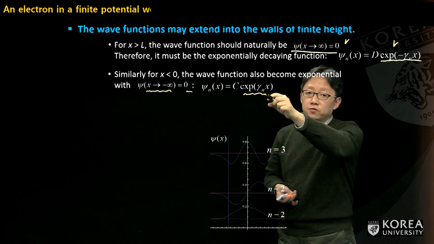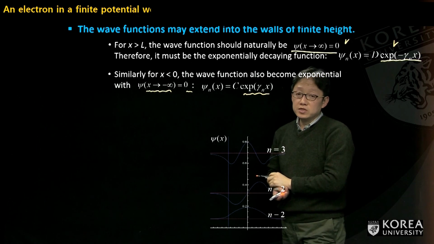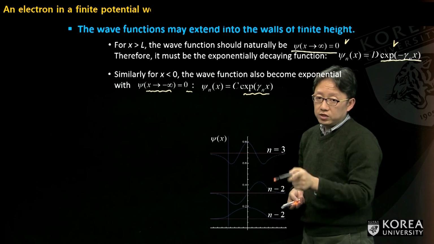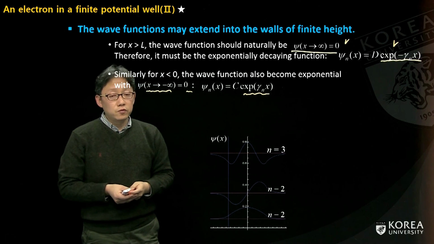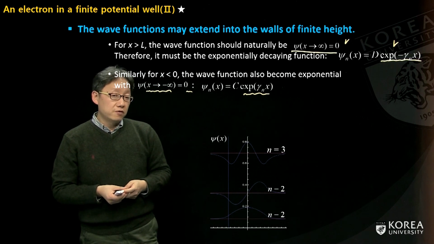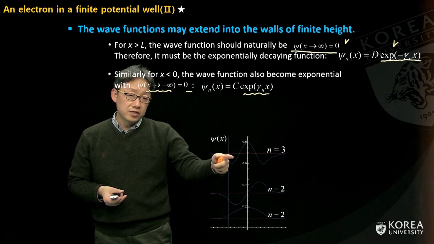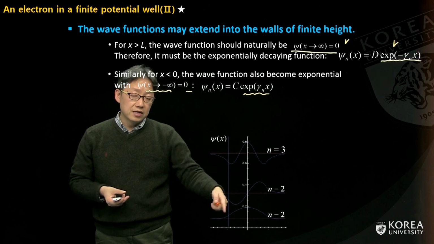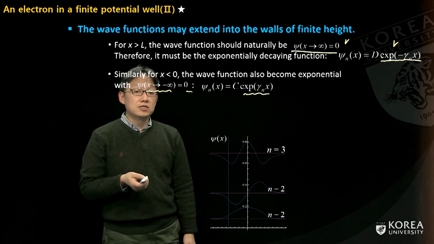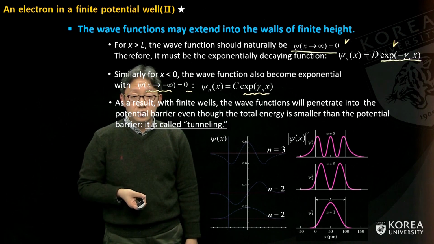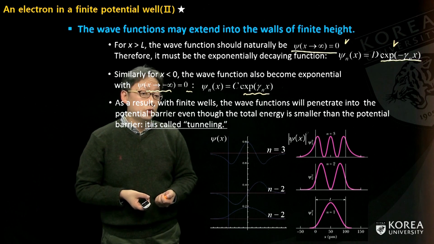In that case, the exponential of minus gamma x has to disappear, so the solution must have the form of the exponential of plus gamma x, and then the shape will look like this. Okay, these are the wave functions. And like I said before, it is okay for the wave function to become negative. For example, here this is negative, also negative. But the probability density, which is the square of this wave function, always has to be positive.